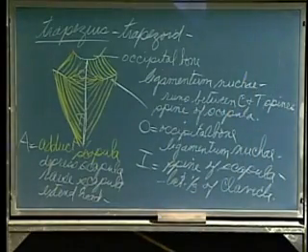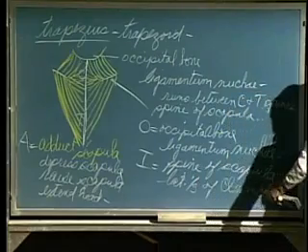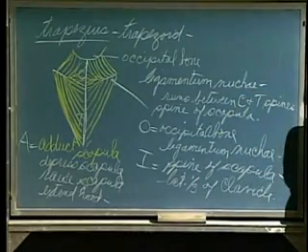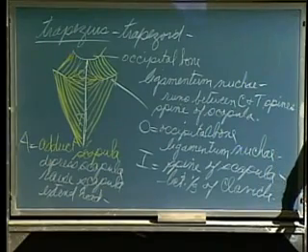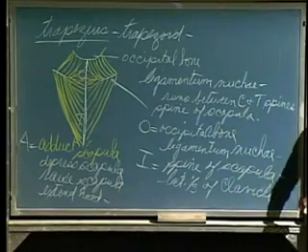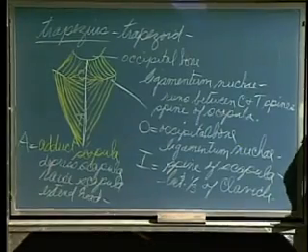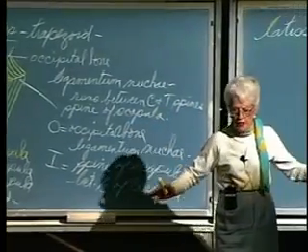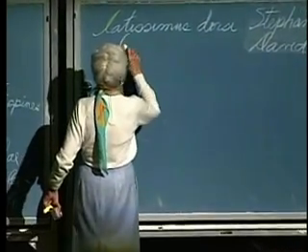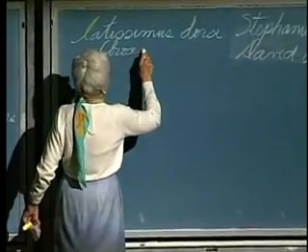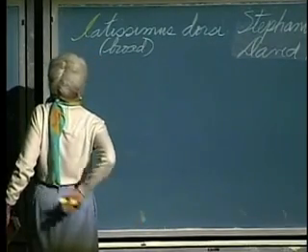The next one is the Latissimus Dorsi. Latissimus just means broad. Doesn't help us much, but it's going to be a broad muscle, so we'll just put broad here. And it's going to be inferior posterior.